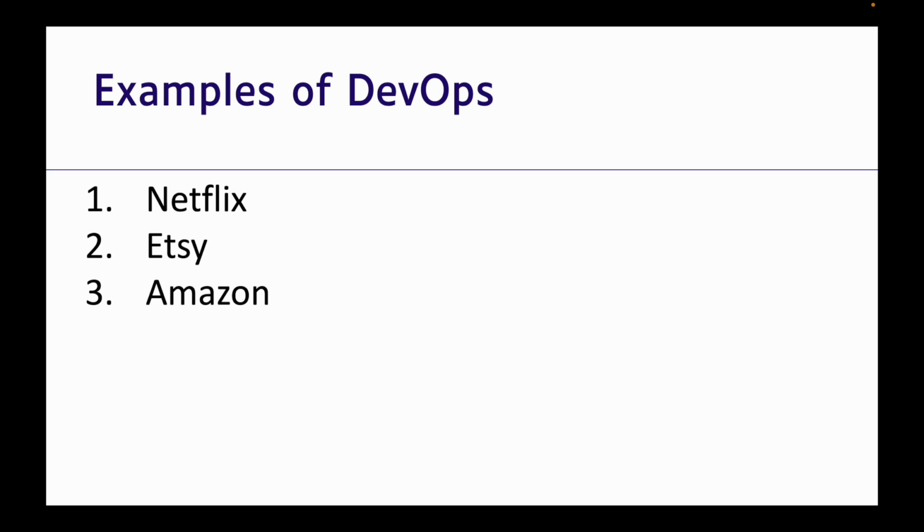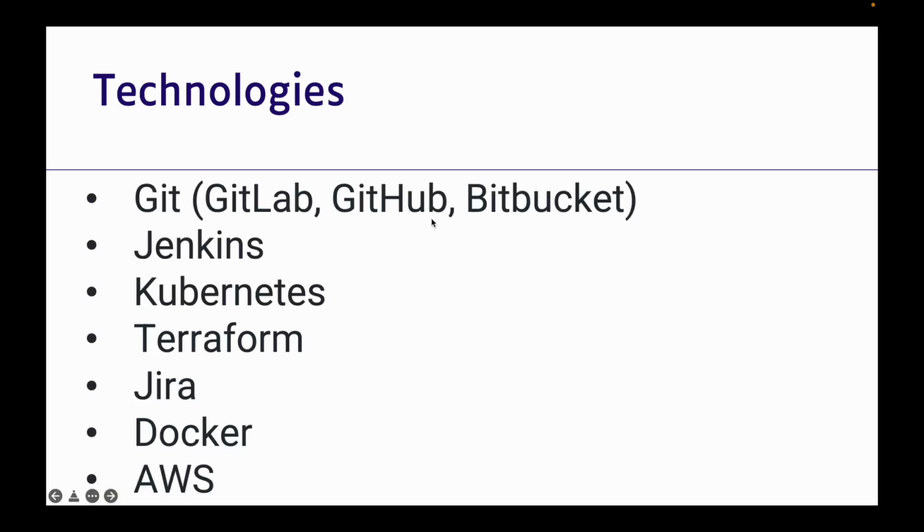Now, if you see the example of Netflix, in order to increase their efficiency they use DevOps, to make it highly secure, so that for faster processing you can use it. The same thing is for Etsy and Amazon. So the technologies are Git.